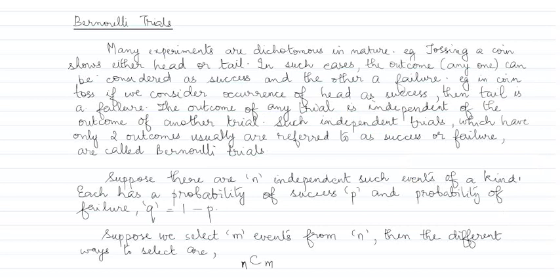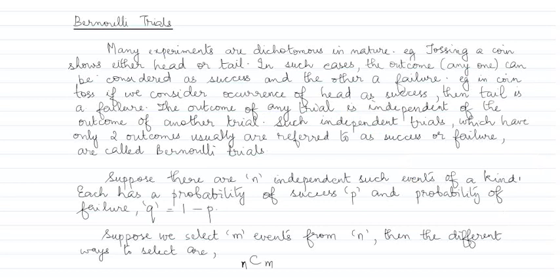It's like saying there are just two possibilities, either a yes or a no. Like we say in the case of binary, there is just a 0 and there is just a 1. There is no consideration for any possibilities in between. So, such experiments are called dichotomous in nature.